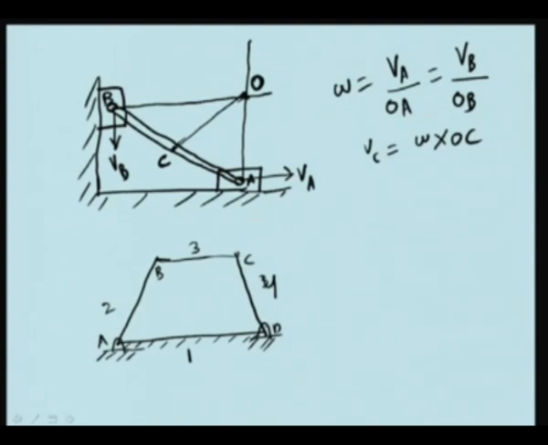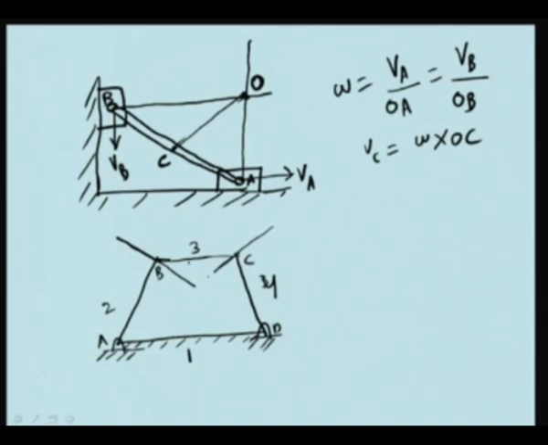B has got a velocity which is perpendicular to AB, so it may have the velocity in this direction. C has got a velocity which is perpendicular to CD, so it may have velocity like this. Now, these 2 points B and C are also on link 3.